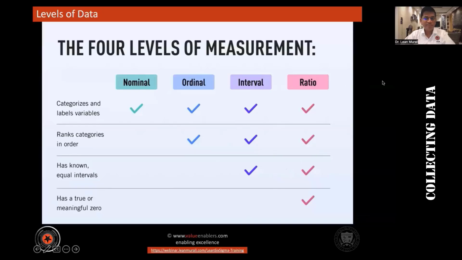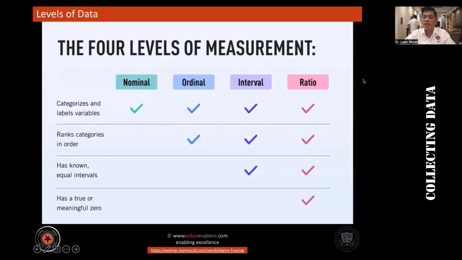Ratio data has all 3, interval data has 3 of them, ordinal data has ranked categories, whereas nominal data is just labels. The more information you have in these levels, the richer the data is in information.